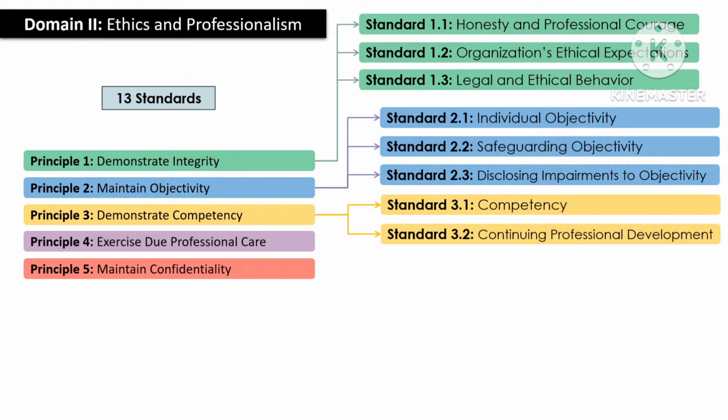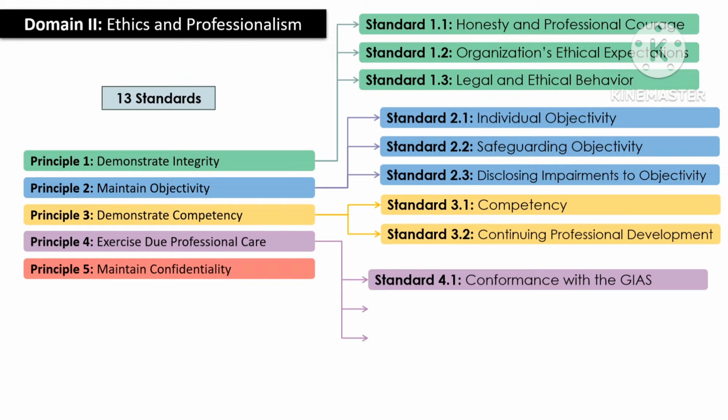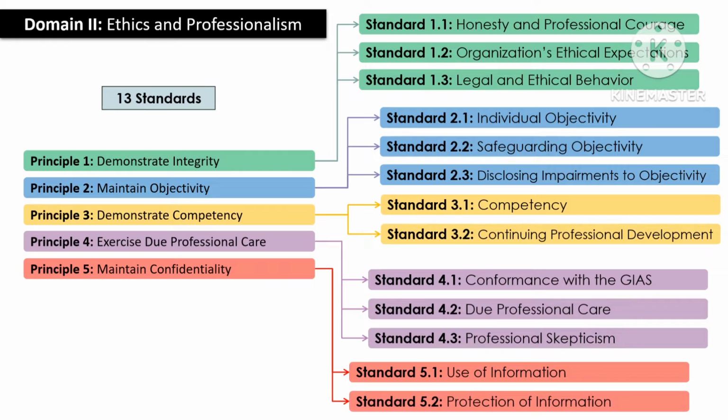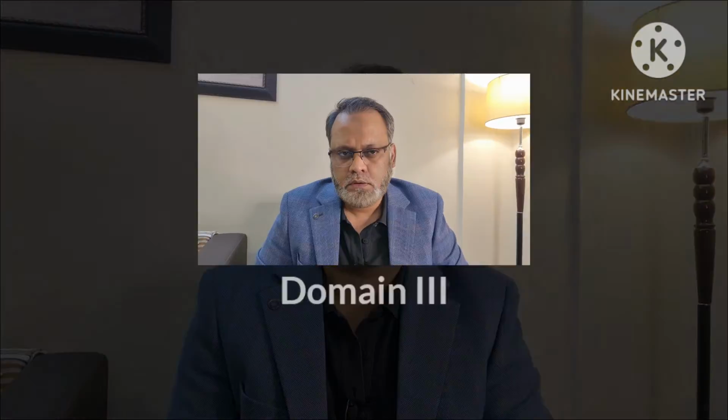The fourth is exercise due professional care, covered by standard 4.1 conformance with the Global Internal Audit Standards, 4.2 due professional care, and 4.3 professional skepticism. The fifth principle is maintain confidentiality, which is covered by the standards 5.1 use of information and 5.2 protection of information.